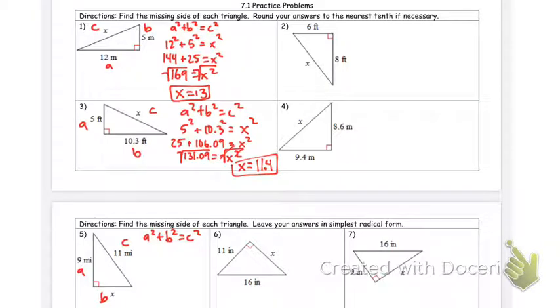That's going to give me 9 squared plus x squared equals 11 squared. And now let's do the math. So we're going to get 81 plus x squared equals 121. I'm sorry, 121. And now let's solve for x squared.